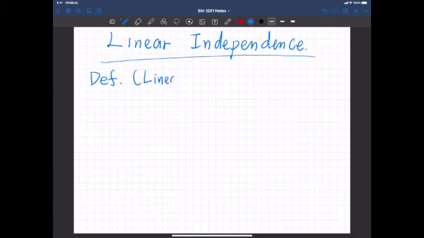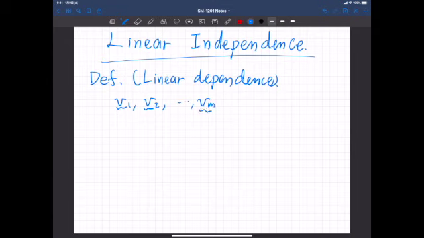Okay, linear dependence. Okay, so let's say we have a set of vectors v1, v2, up to vm, in some vector space.